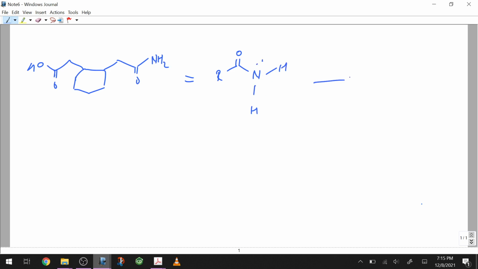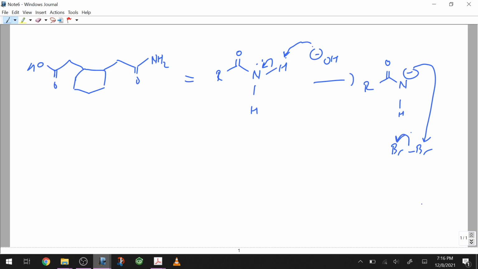Now, this reaction starts with sodium hydroxide deprotonating the amide. These are fairly acidic hydrogens, so this is not unreasonable. We get an anion, and then that attacks bromine, very much like an alkene did in the past.